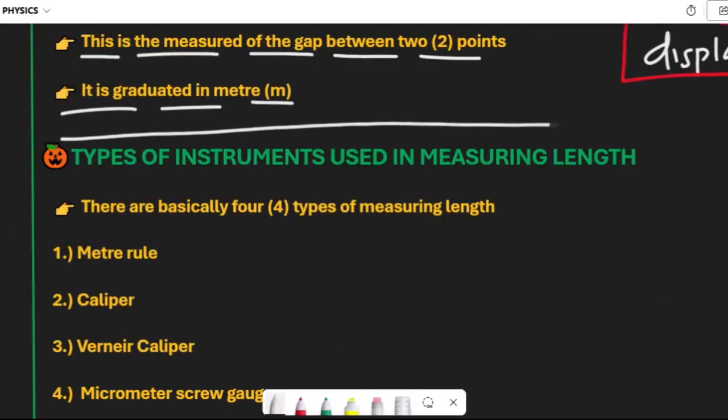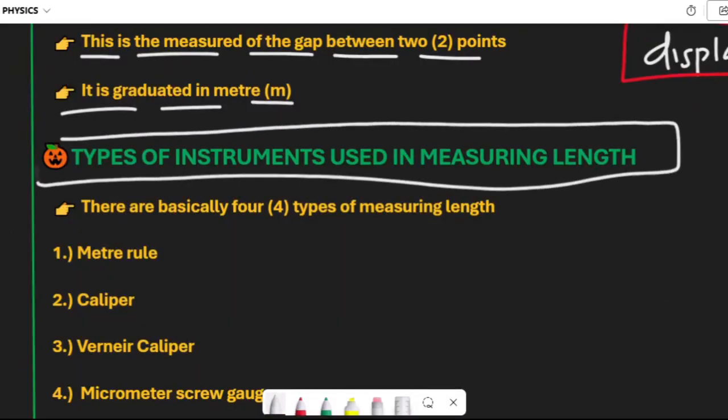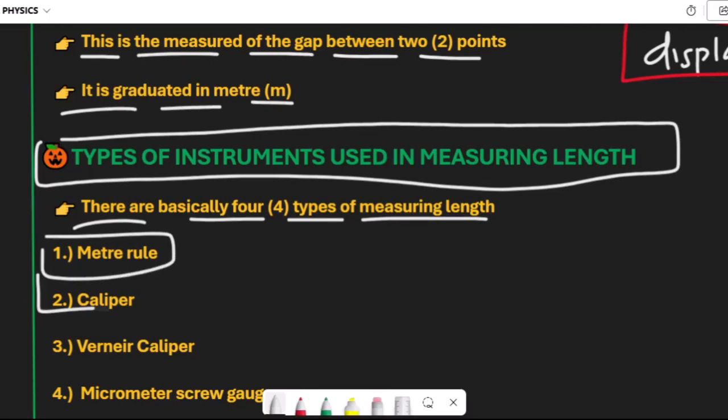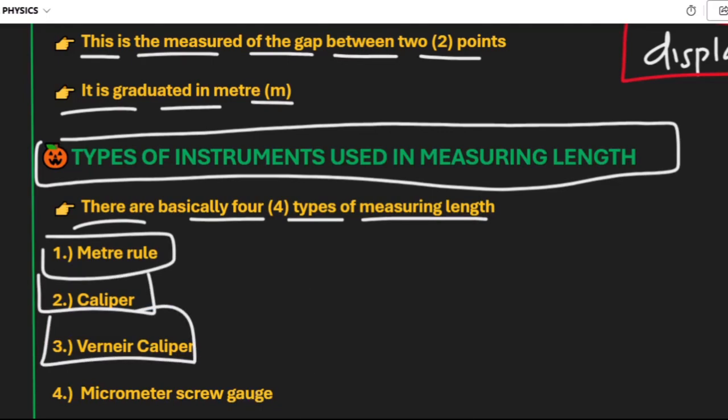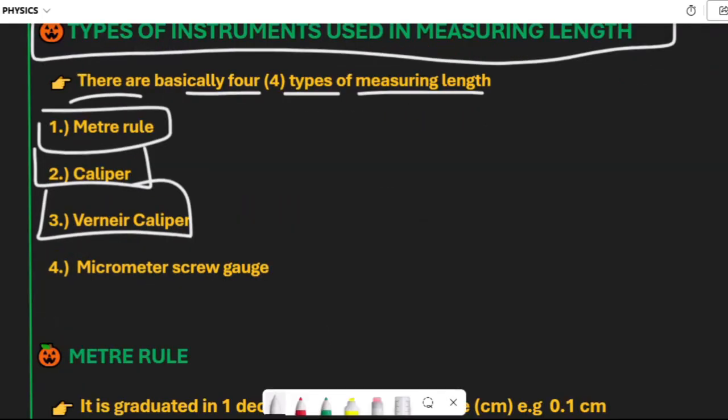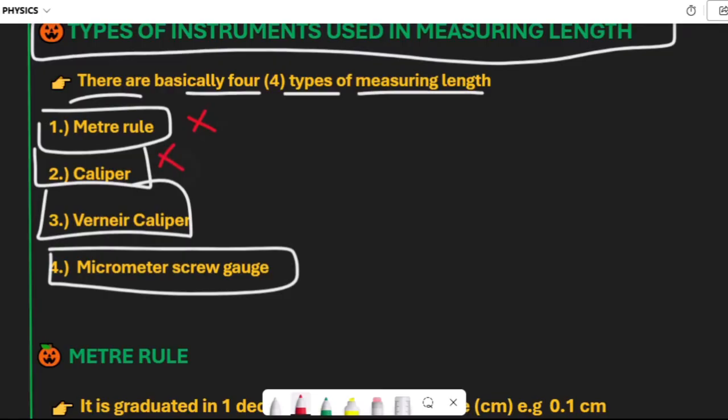There are basically four types of instruments used in measuring length. They are the meter rule, the caliper, the vernier caliper, and the micrometer screw gauge.